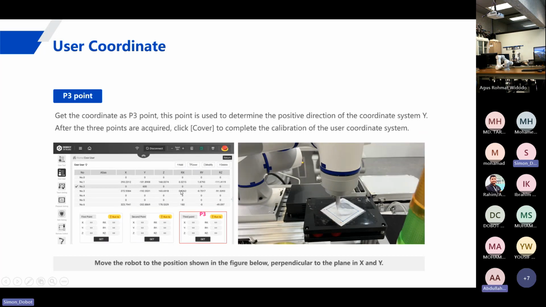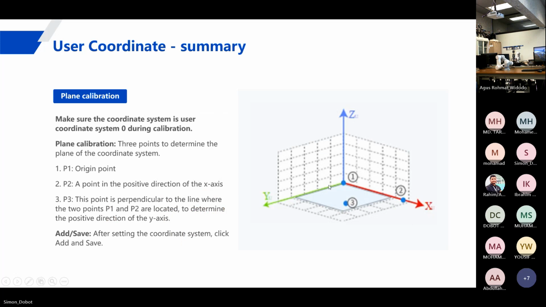For the user frame, normally we need to teach 3 points. The first one is the 0 point, we call it point 1, the origin point. The second one is the X positive direction of the X axis.